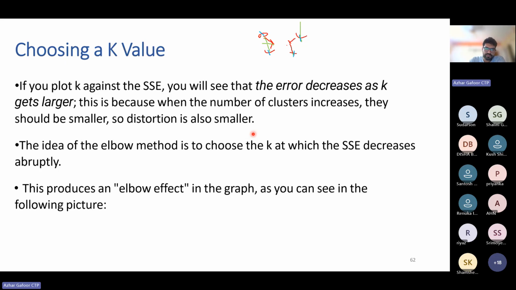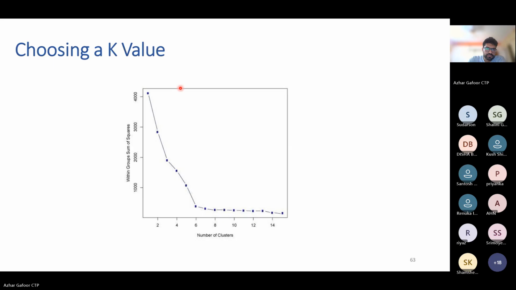So what is the elbow effect? Here we have 4,000 samples in total. Sorry, this is not about centroids, it's the sum of squares.